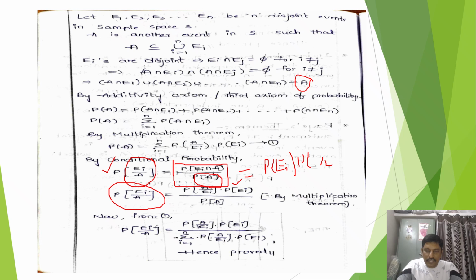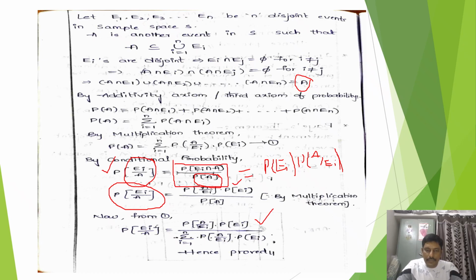So what do I get in the numerator part? A. Clear? So this is the numerator part of the Bayes theorem.